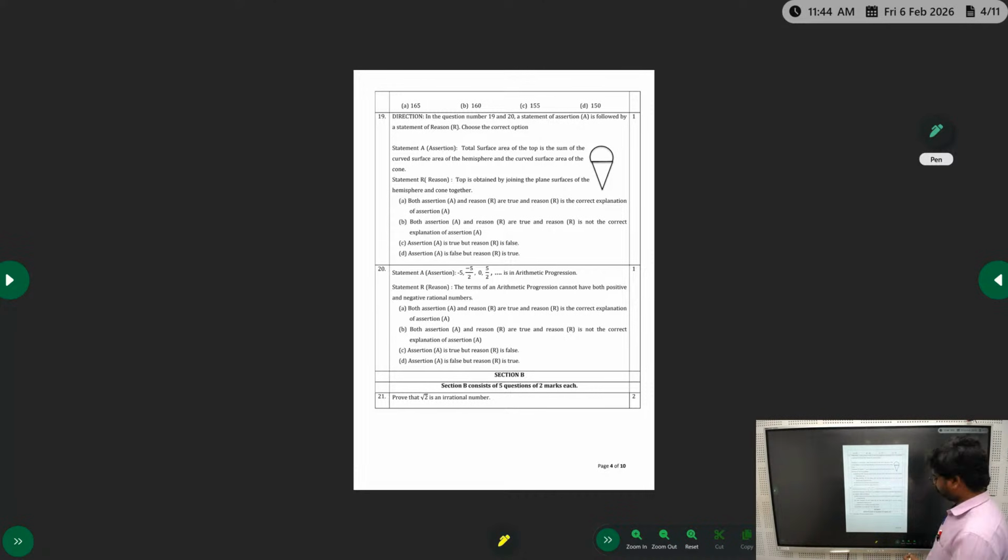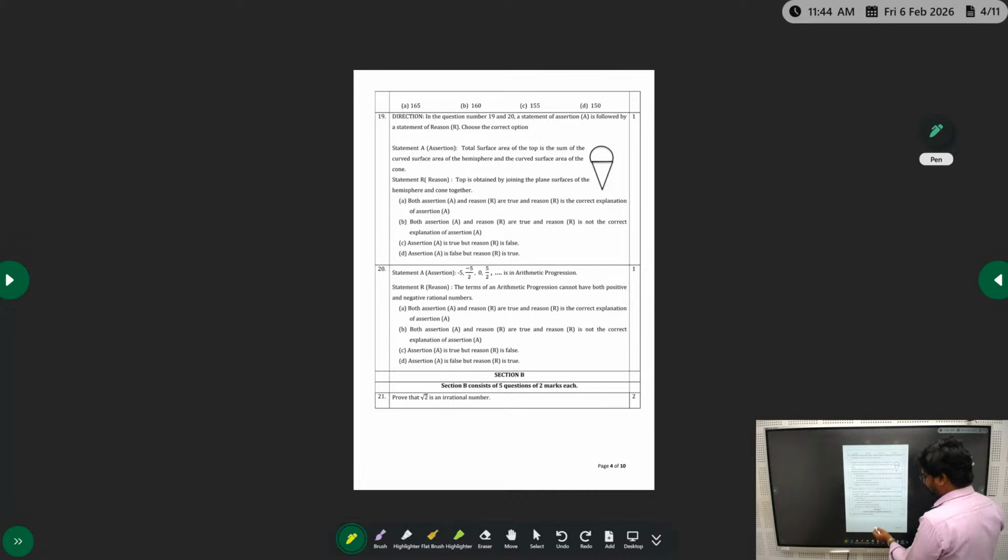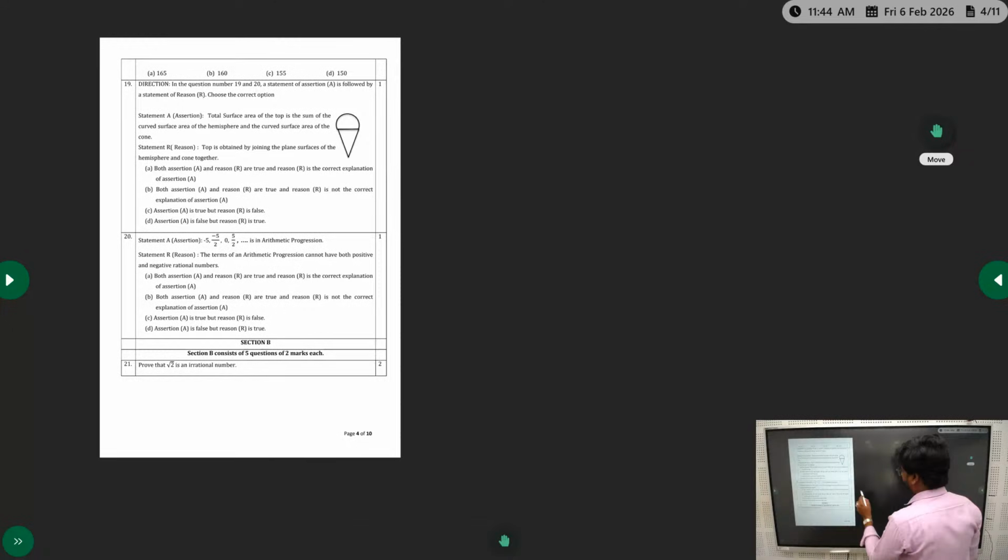Option D, 150. Okay. Now, assertion and reason. You can note down the assertion and reason.